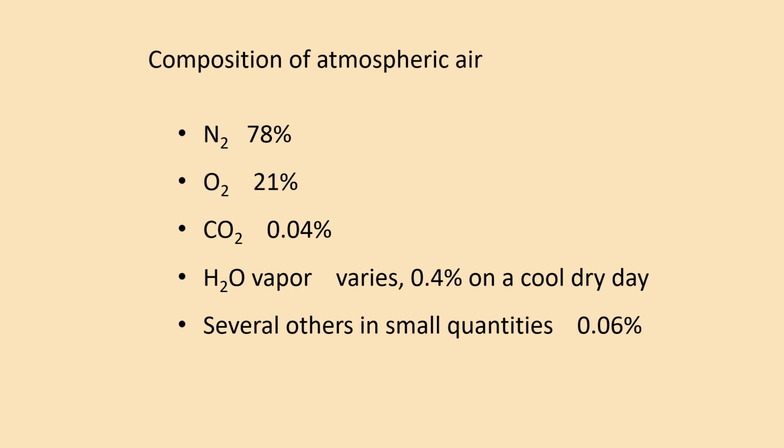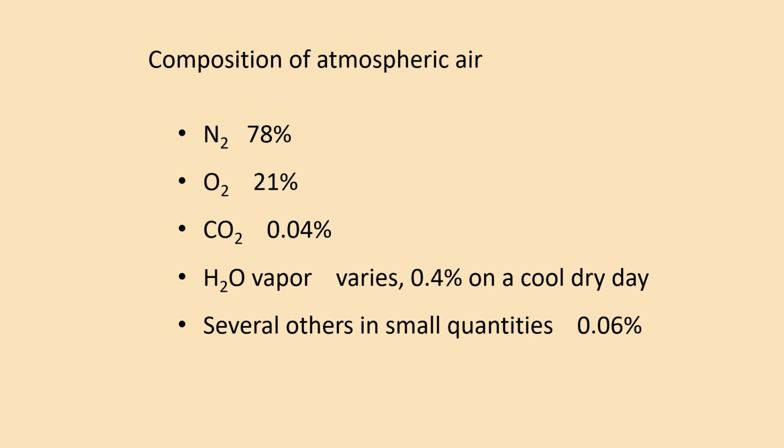So let's talk about the composition of atmospheric air. The air that we breathe is mostly nitrogen. And nitrogen is largely inert. So we're inhaling nitrogen all the time, we're exhaling nitrogen all the time. As far as we know, that nitrogen plays no role in our physiology other than comprising the majority of atmospheric air.